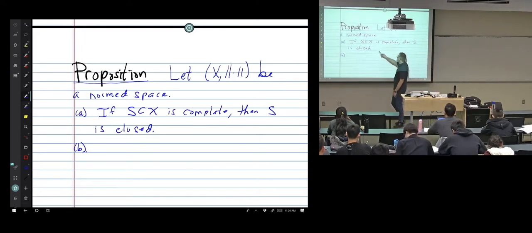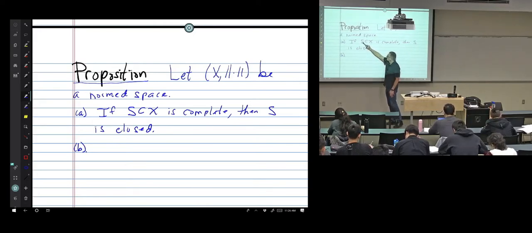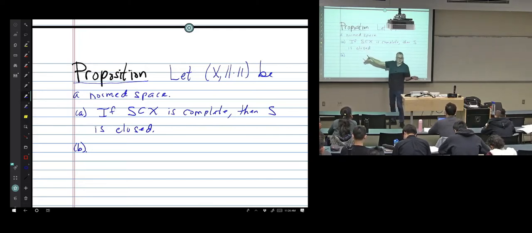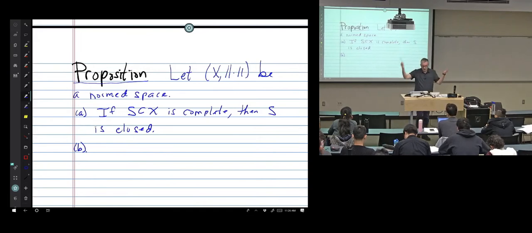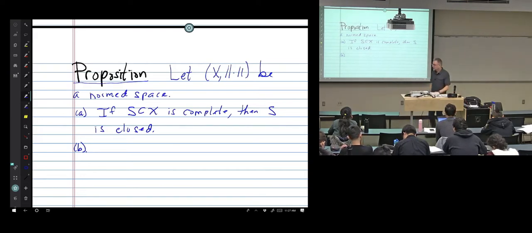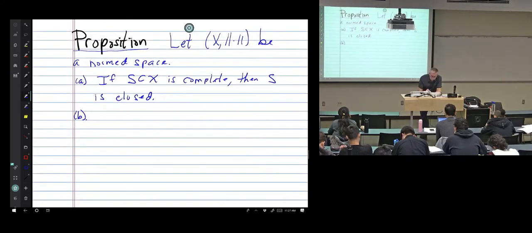Now, to be complete, I take Cauchy sequences in S, they have limit points in S. So S contains, by definition then, all of its limit points. So S is closed, okay? So that's why that limit point characterization of closure is interesting here. It makes it immediately clear completeness implies closed.